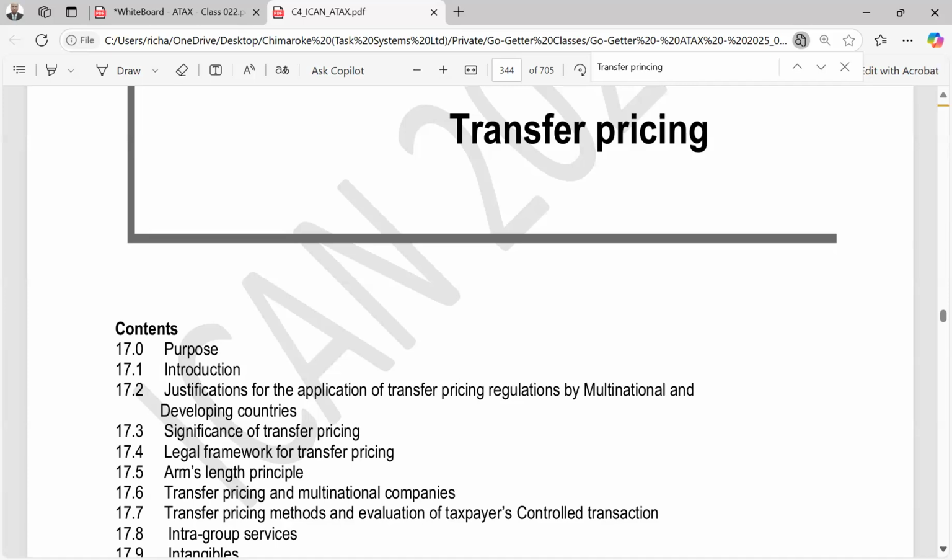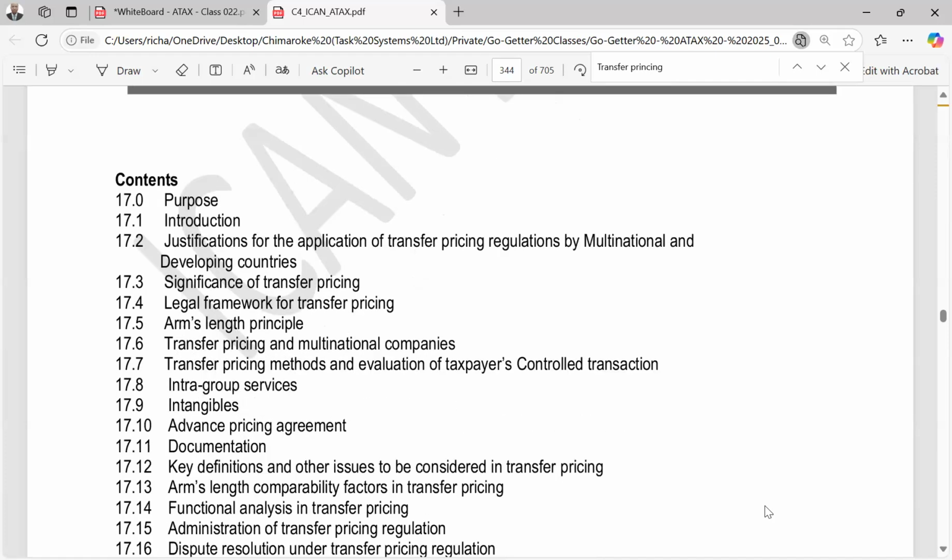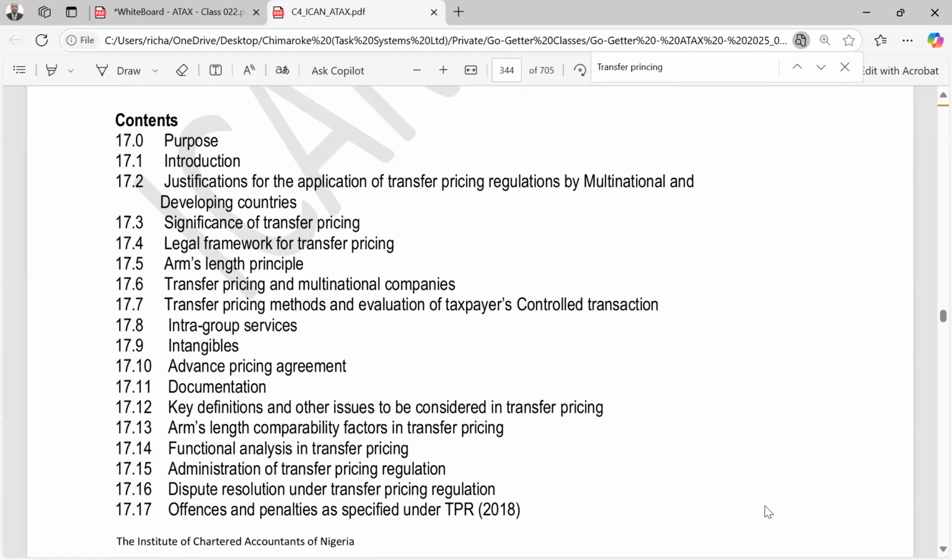Now, we are going to be seeing the legal framework for transfer pricing. We'll see what is called the arm's length principle. We'll look at transfer pricing and multinational companies. Then we'll talk about things like transfer pricing methods that the OECD also uses to check transfer pricing issues.